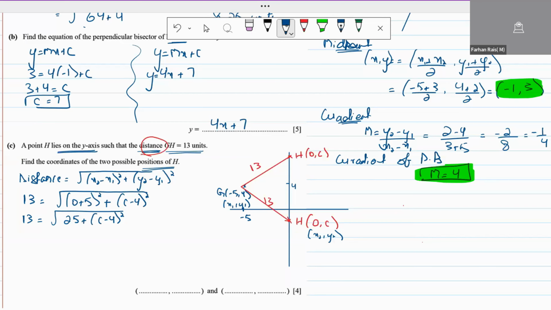On squaring both sides, 13 squared would be 169, and the square on the square root would cancel the root, giving us 25 plus (c minus 4) whole square. Now some addition and subtraction is to be done here. It would be 169 minus 25 equals (c minus 4) whole square. 169 minus 25, that's 144.